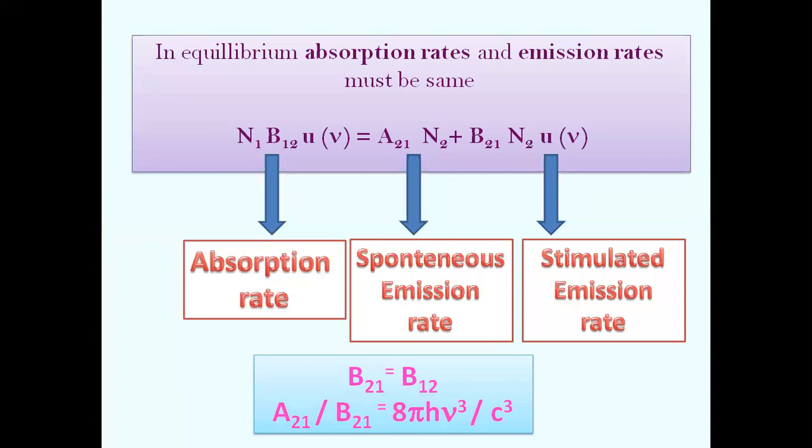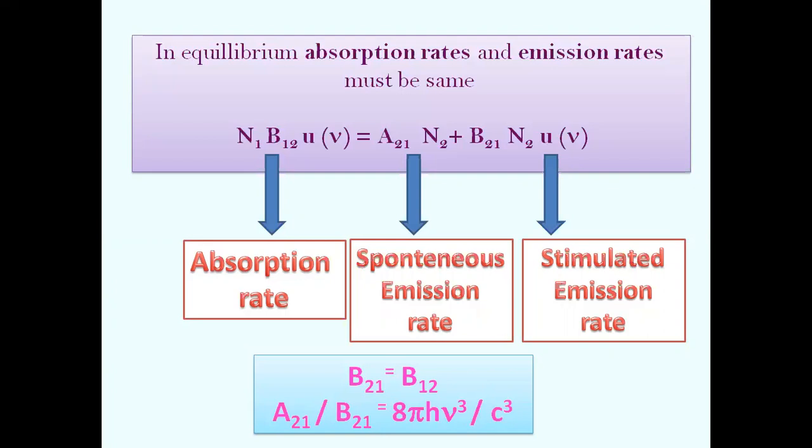In equilibrium condition, absorption rate and emission rate must be the same. Therefore, we form the equation where the left hand side represents absorption rate and the right hand side represents emission rate. In the right hand side, the first part is due to spontaneous emission, whereas the second part is due to stimulated emission.